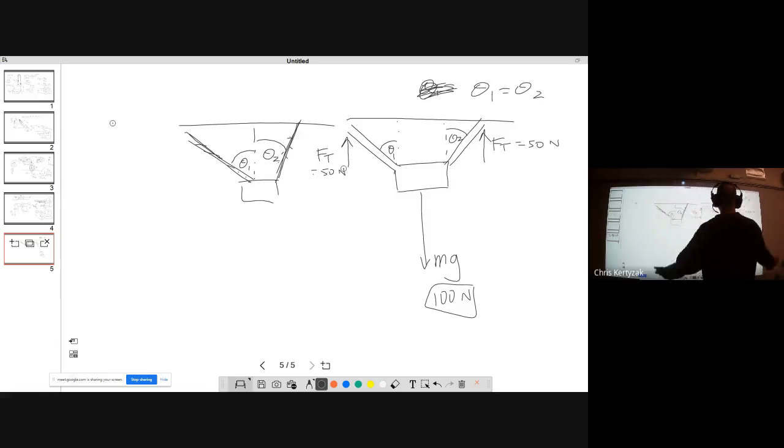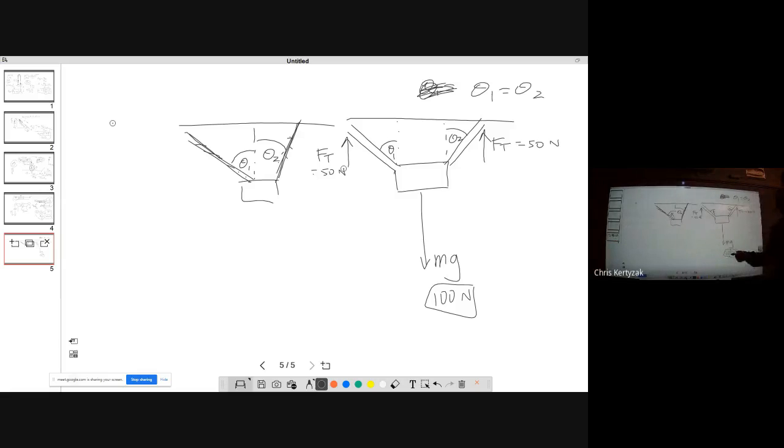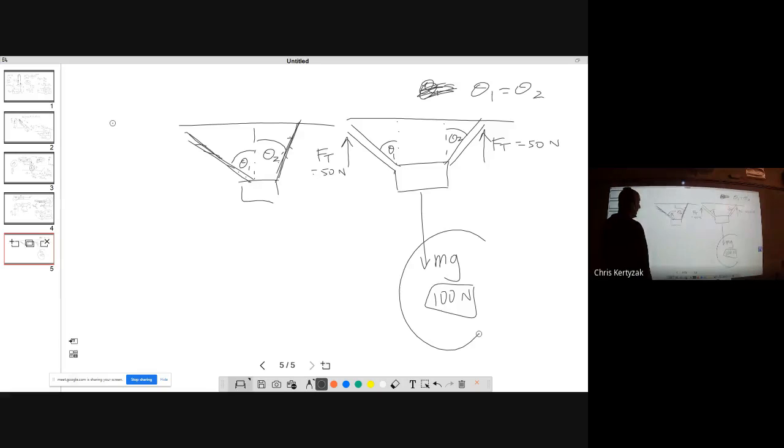Because the total upward force, 50 plus 50 from the two ropes, would have to equal 100, because that's how you get static equilibrium. As soon as the angle changes, it's not a 50-50 split anymore. I don't mean a 50 newton split, just a 50% split of the load, which would be the weight. As soon as you have some breakage of the symmetry of the rope angles, then things change.